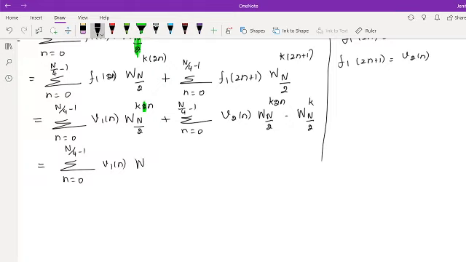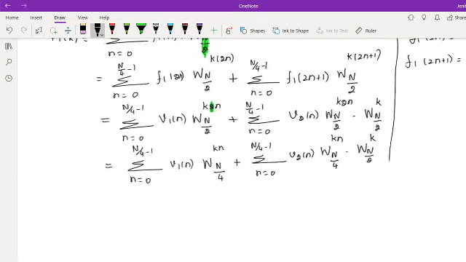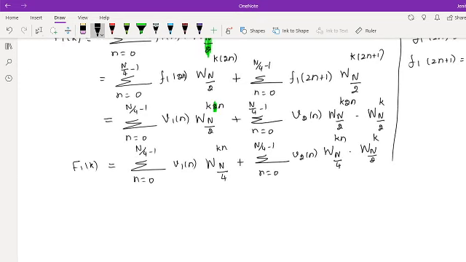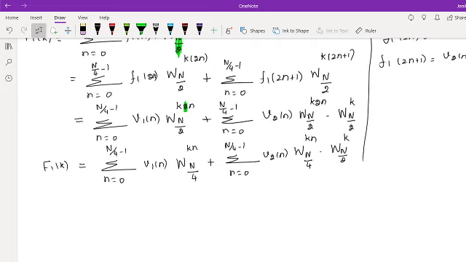So it is W_{N/4} power kn, plus summation n equals 0 to N by 4 minus 1 of v2 of n into W_{N/4} power kn into W_{N/2} power k. So now this is for f1 of k. f1 of k is an N by 2 point DFT.